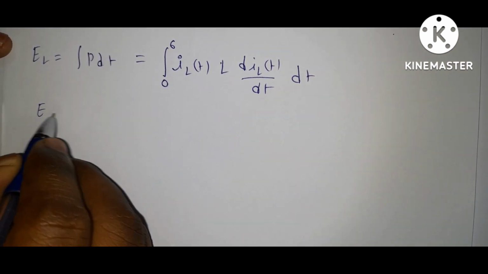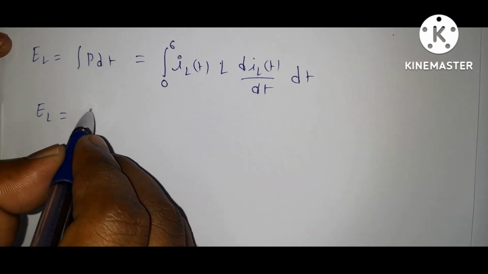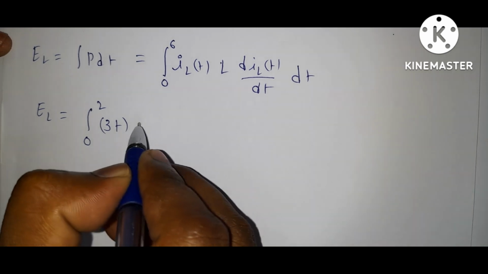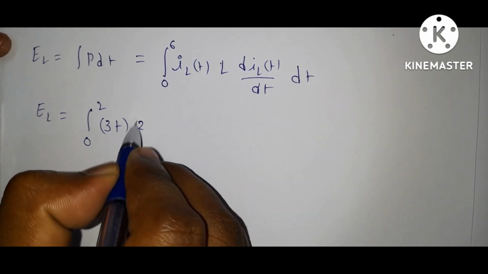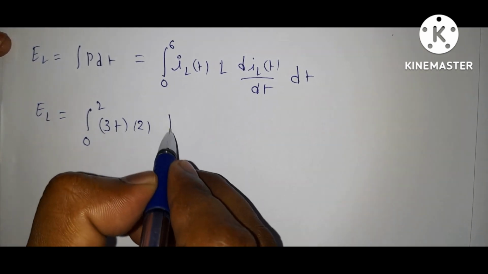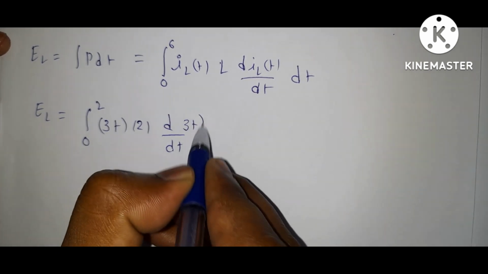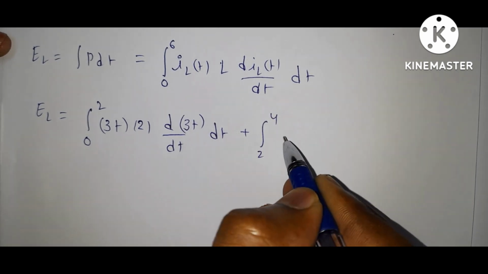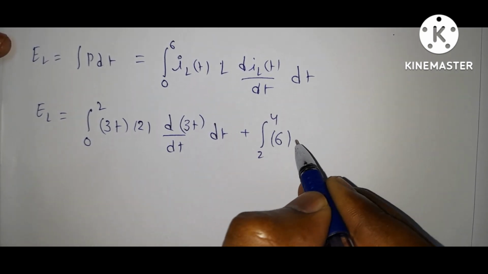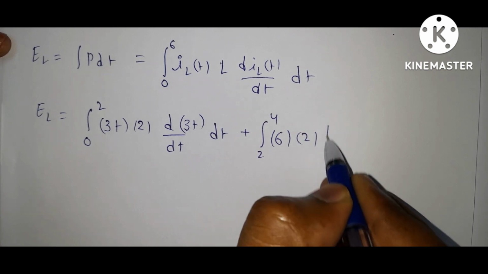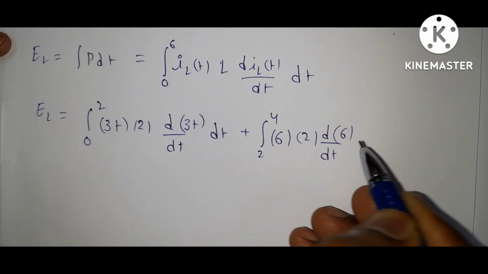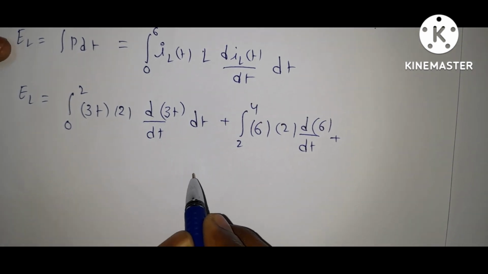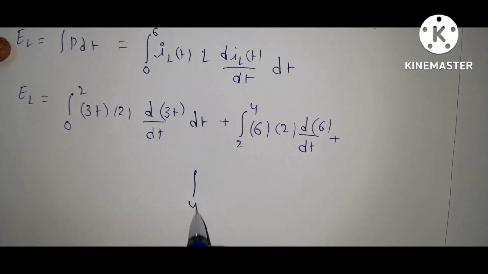Now, what is the inductance? Sorry, energy from 0 to 2 seconds. What is the current? 3t. What is the inductance value? 2 Henry. So d by dt of 3t into dt, plus integral 2 to 4 of 6 into 2 into d by dt of 6, plus integral 4 to 6.